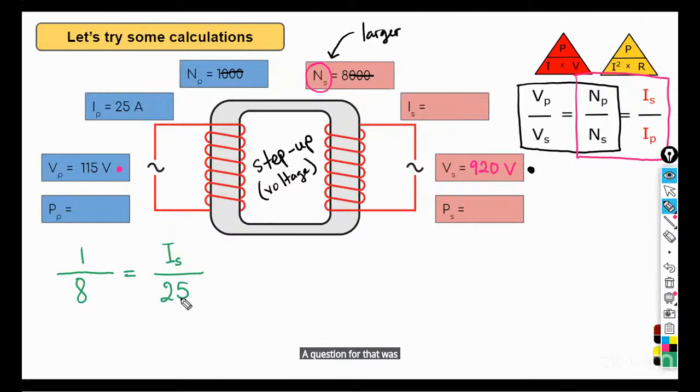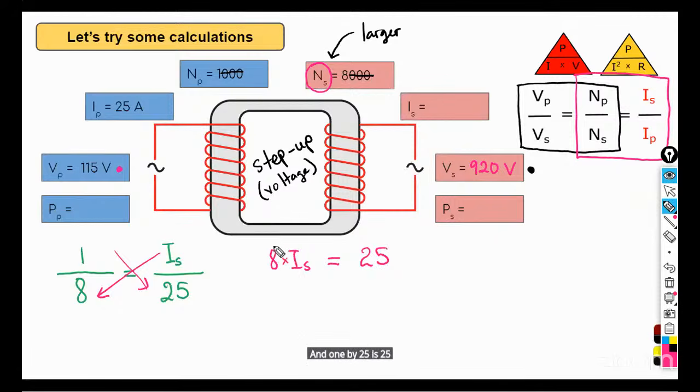We just went to the formula and replaced the letters with the particular values. And what will we do? Cross multiply. IS by 8 is 8 IS, and 1 by 25 is 25.